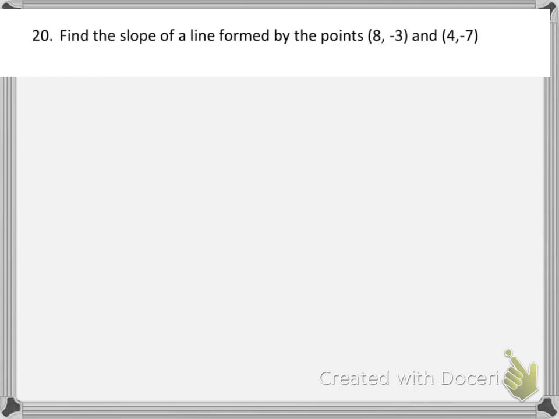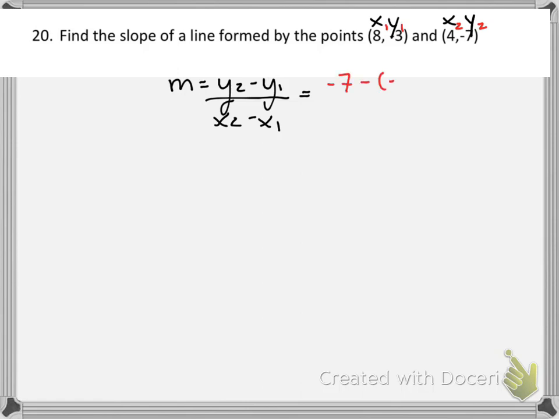Find the slope of a line formed by these 2 points. In order to do this, you have to know or memorize your slope formula. It is not going to be given to you. Remember, when you have an ordered pair, the first number is x, the second number is y. Usually I call the first one 1, the second one 2, but it really doesn't matter. So we have -7 minus -3 over 4 minus 8.